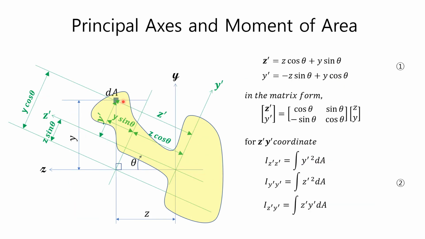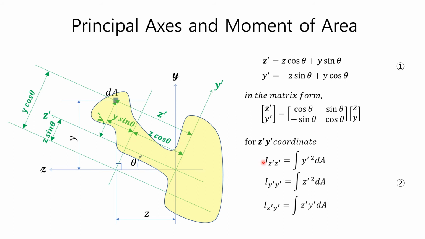The coordinate components of a small area dA for the y prime axis can be expressed as equation 1 in terms of components of the y axis. Equation 1 can be written in matrix form. Actually, this is the matrix for coordinate transformation.